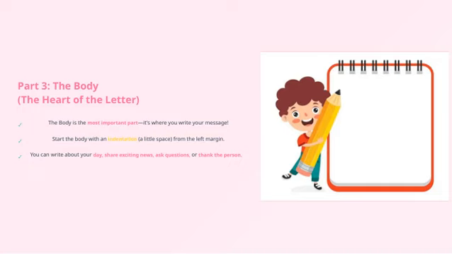Now, let's talk about part 3 of our letter, the body, which we often call the heart of the letter. This is really the most important part because it's where you get to express your message. When you start the body, remember to indent a little from the left margin. This helps to clearly separate it from the greeting or introduction. In the body, you can write about your day, share some exciting news, ask questions, or even thank the person you're writing to.